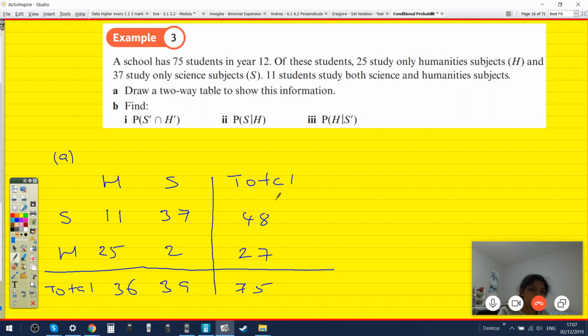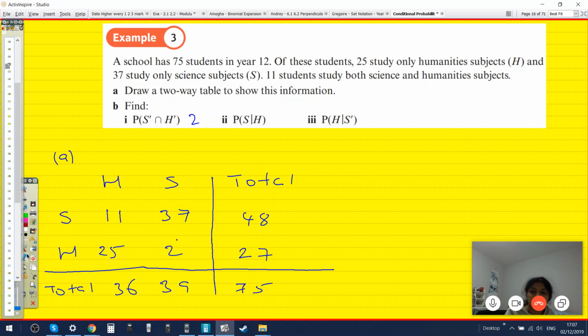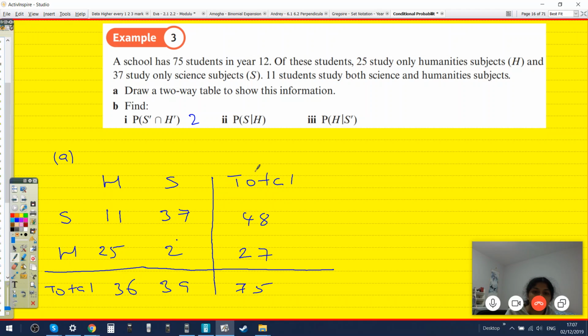Okay, part B. Wouldn't part B be like the first one? Wouldn't it just be 2? Two. Okay. It's out of 75. Oh, probability. Yes. So 2/75.